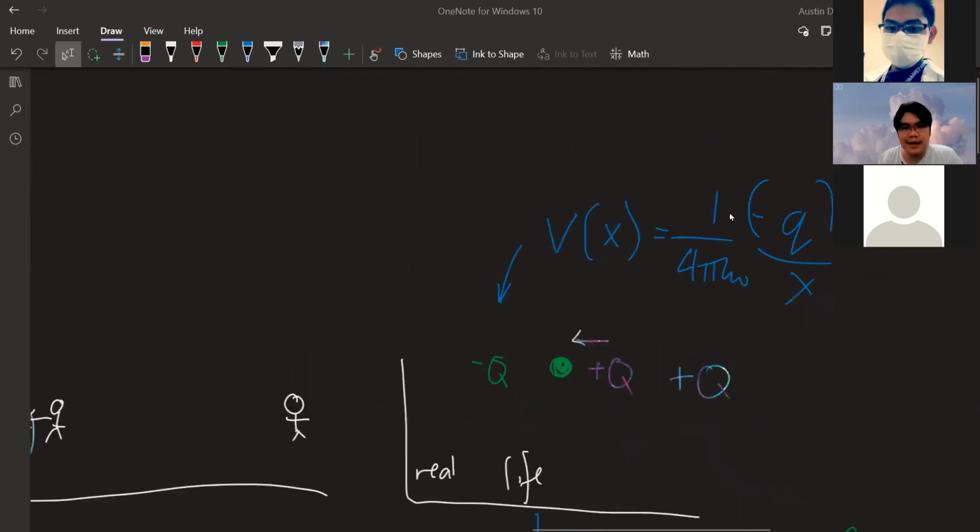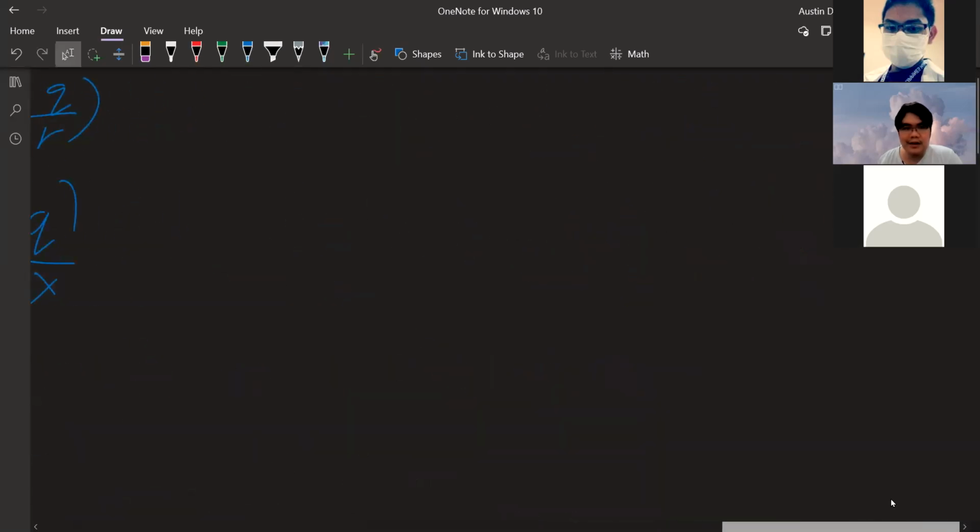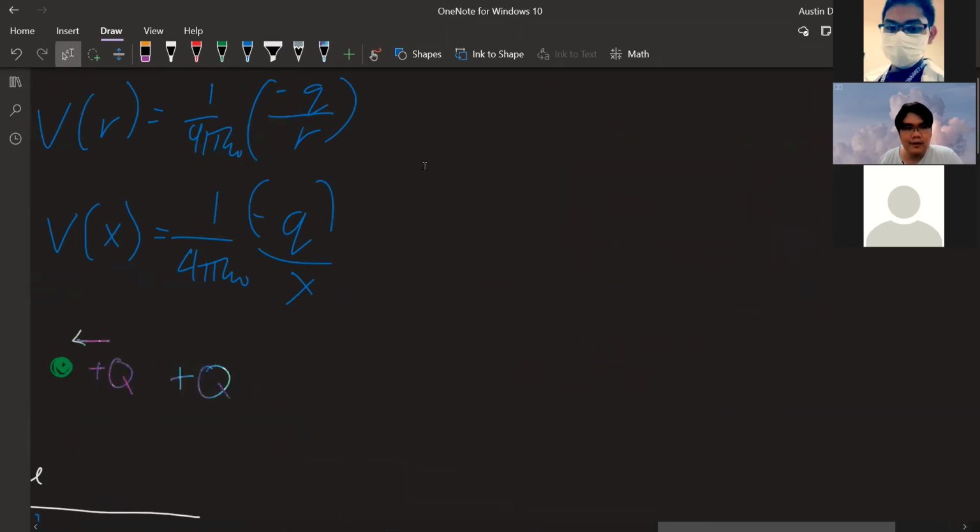Pwede kasing gawin natin na ang potential nito ay 1 over 4 pi epsilon naught, negative Q over R, para walang negative value si R, laging positive lang. And yung magiging itsura niyan will be some sort of a sink.